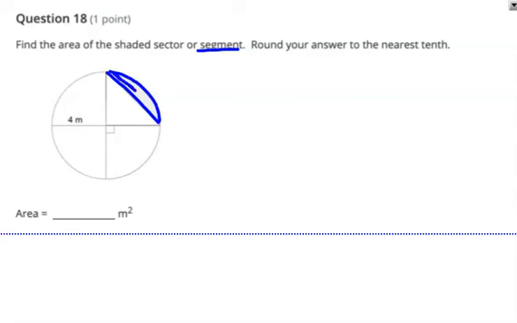Okay, the way that we do that is we find the area of the entire slice of pie, and then we take out the triangle. So for this one, we know that this is a 90 right here, so that means this is 90 degrees. So the steps are sector minus triangle.